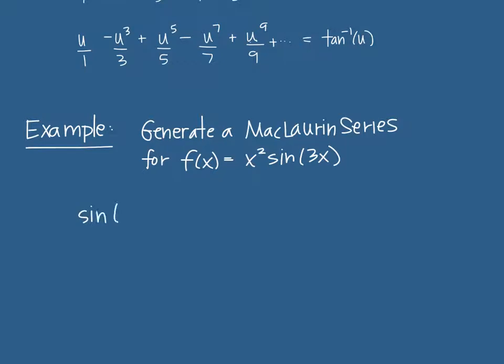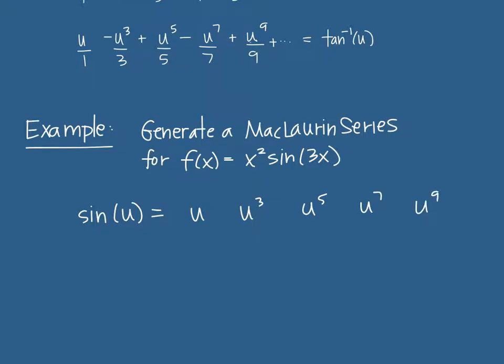So we know that sine u, based on its odd symmetry, can you tell me what it is? We know it starts with u, then u cubed, u to the 5, u to the 7, u to the 9, etc. Do the signs alternate?